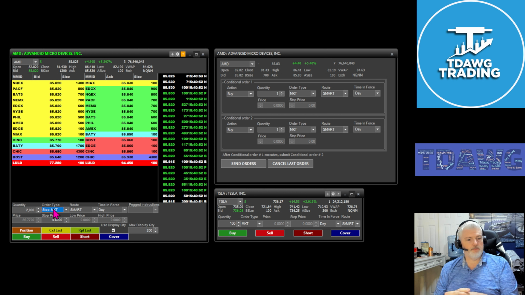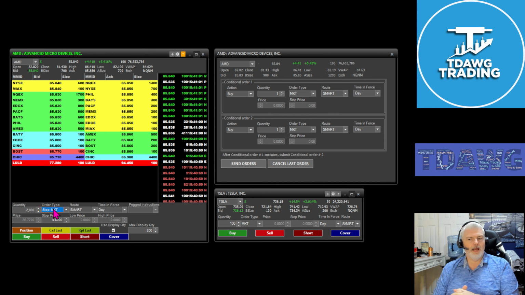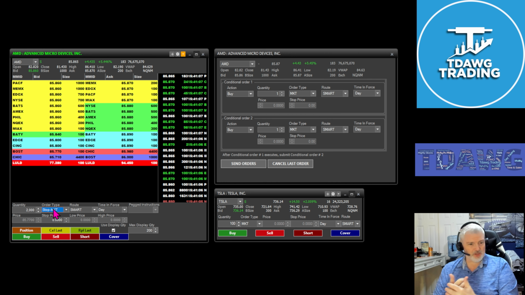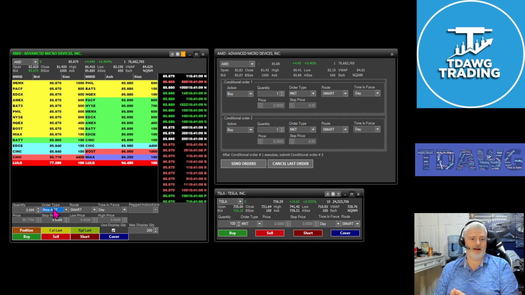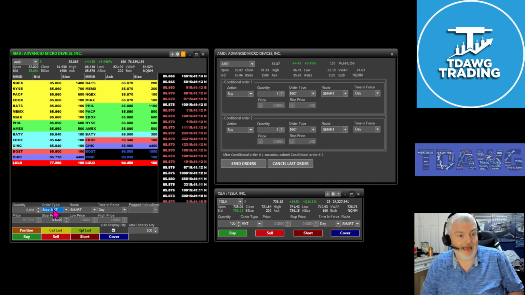Now, when it comes to stops, it kind of depends on what you're looking for. When I'm using it as a hard stop, I have a tendency to do a stop market order, because if it gets below that point, I want to get out of there. I might get unfavorable slippage, but at least I'll get out of the position.